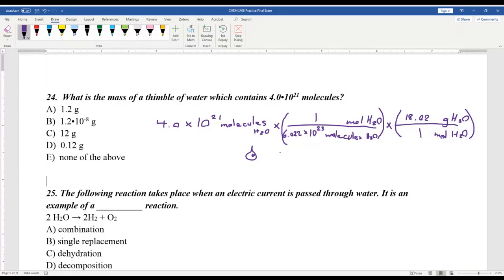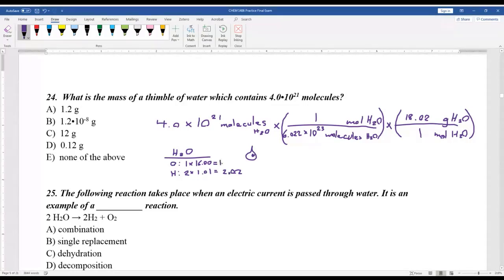How did you get 18.2 again? 18.02. That comes from the periodic table. In water, I have 1 oxygen, and the molar mass of oxygen is 16.00. And then I have 2 hydrogens, and the molar mass of hydrogen is 1.01, so that gives me 2.02.